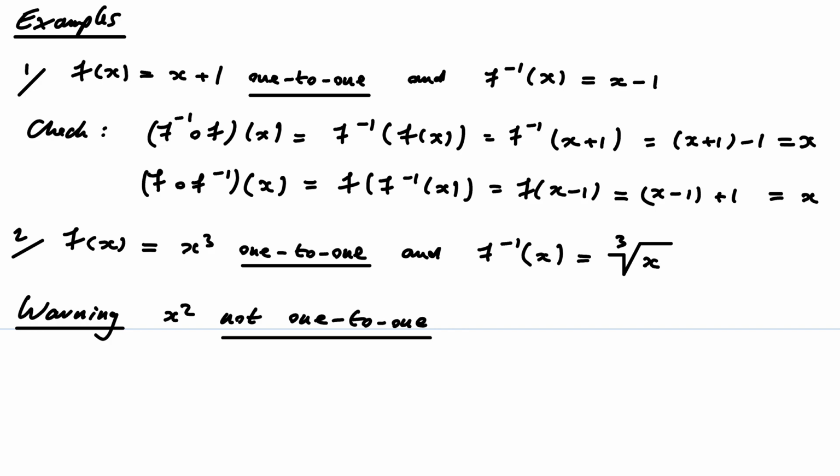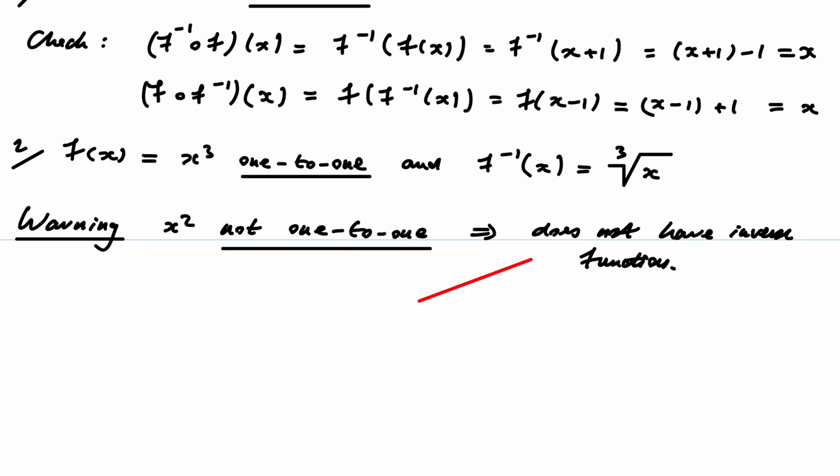Is it plus or minus 1? So it does not admit an inverse function. But you could say, well, what about square root of x? So let's think about square root of x and why it's not a true inverse function.